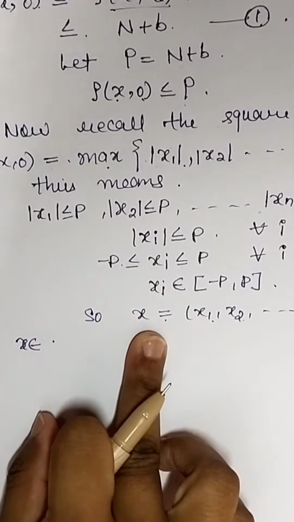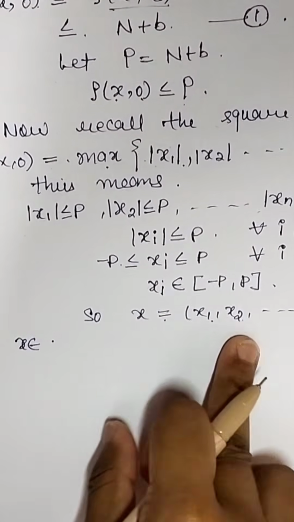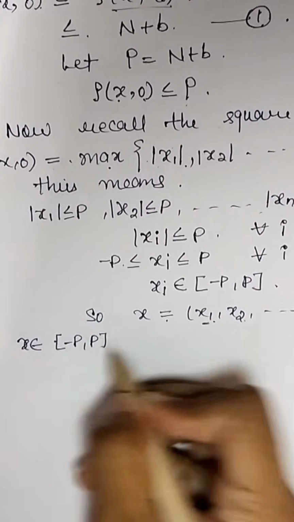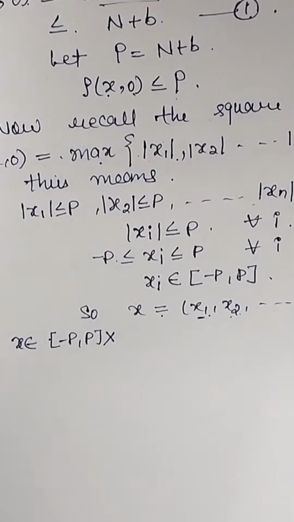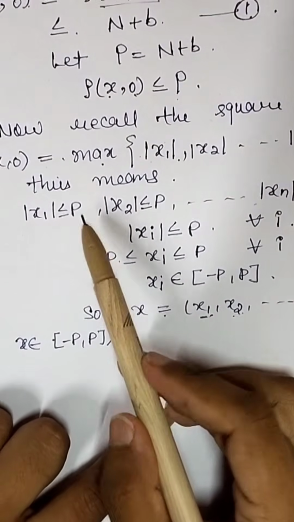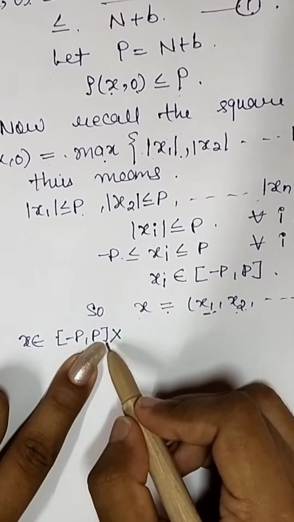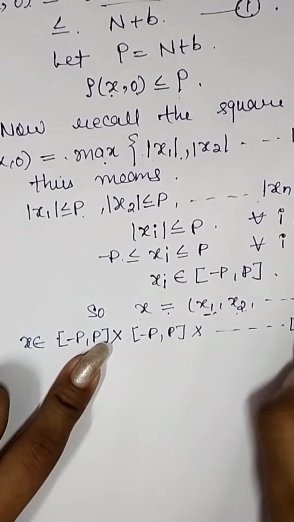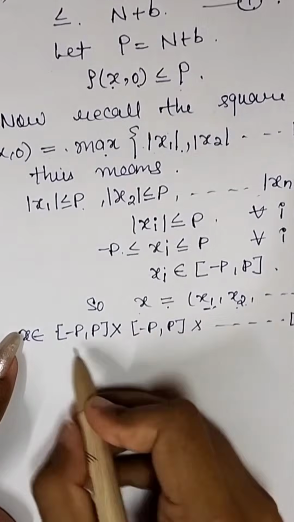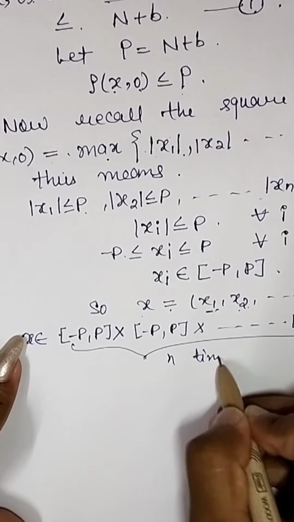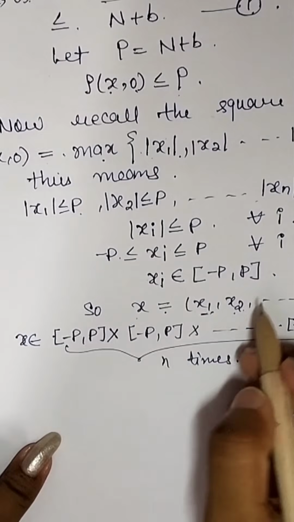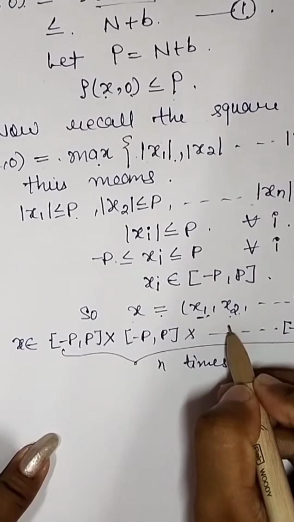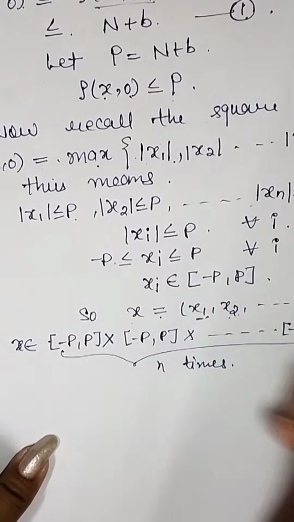So if x belongs to x1, x2 and xn, then x belongs to minus p to p cross minus p to p, n times, because each coordinate belongs to the closed interval minus p to p.